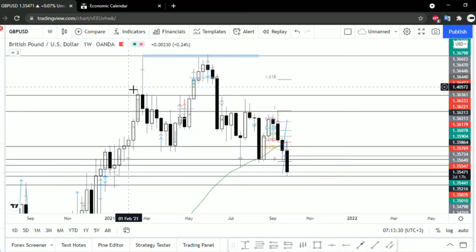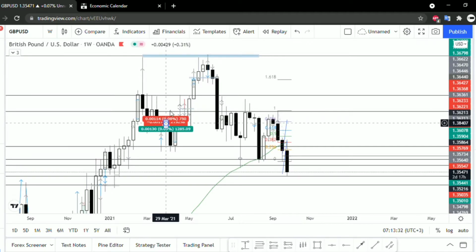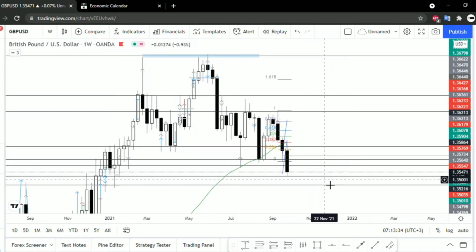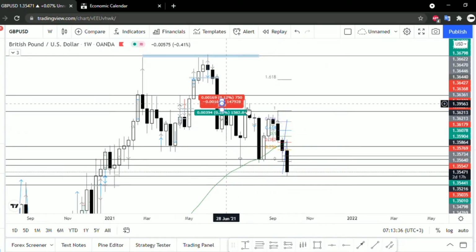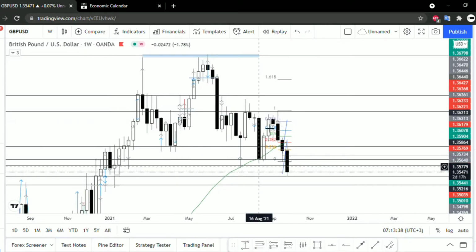We have said in our previous videos that this is the left shoulder, the head, and the right shoulder, and as you can see, the currency pair had started playing a little bit around this place, but over the last few weeks that have passed, the currency pair has now been showing signs of collapse.